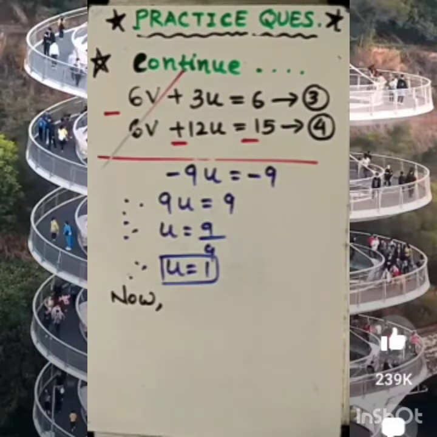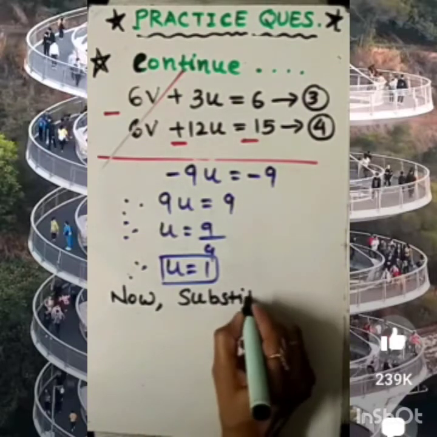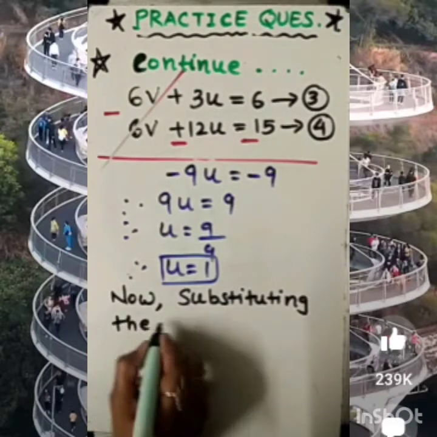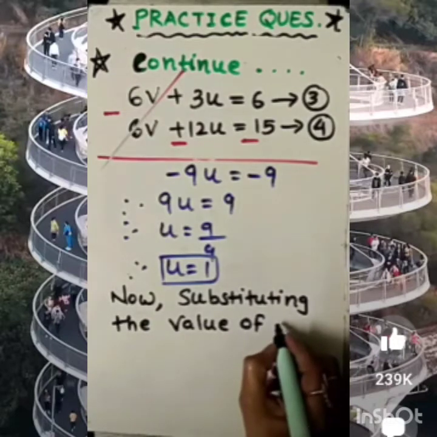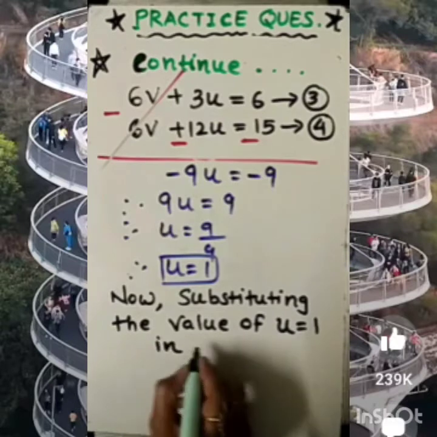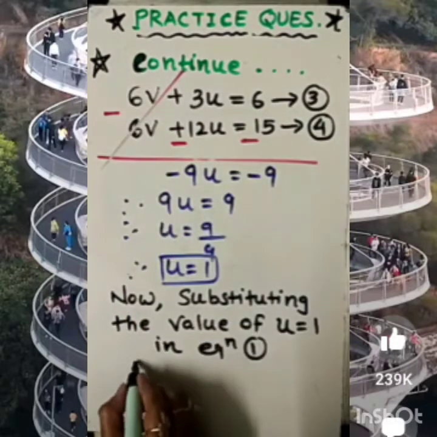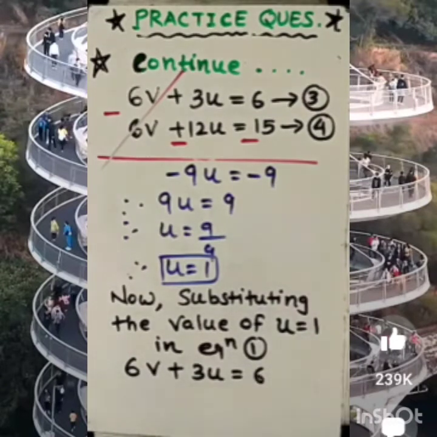Now substituting the value of u equal to 1 in equation number 1. Our equation is this: 6v plus 3u equal to 6. Clear?